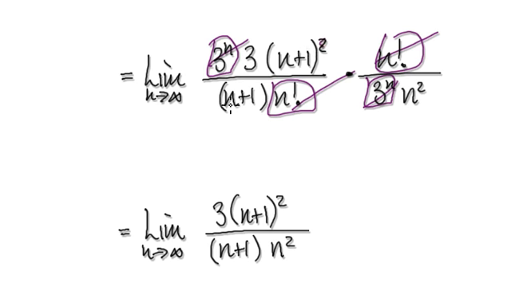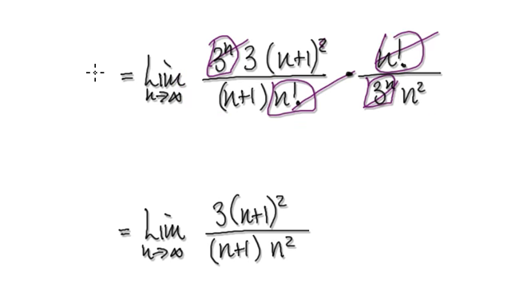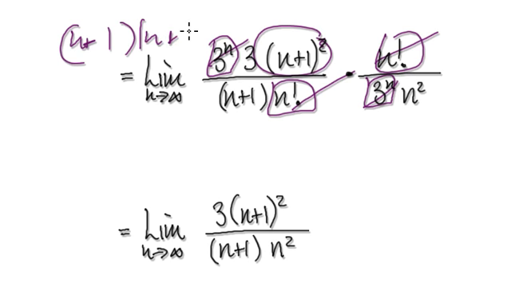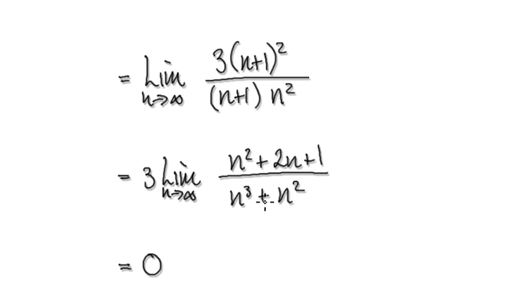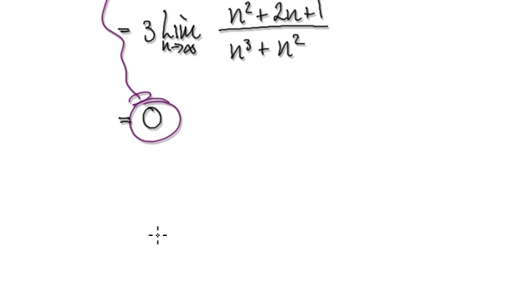Actually, I should have cancelled this out as well, but it doesn't matter. Here you've got n plus 1 squared over n squared, which should cancel out, but I didn't spot it. So the limit will be 0.